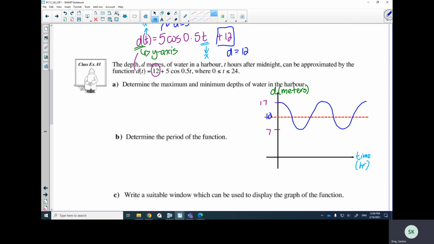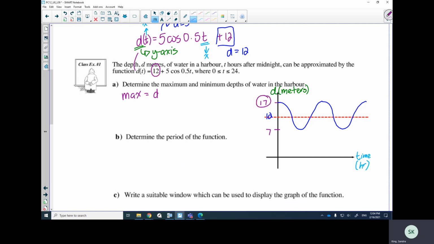Okay, based on this, let's see if we can answer some of these questions. The first thing: determine the maximum and minimum depths of water in the harbor. So this takes into account the equation that we came up with in the last lesson. Remember, the max depth, it's that D value, your midline.